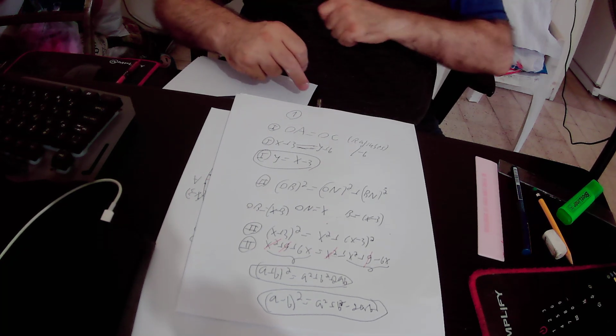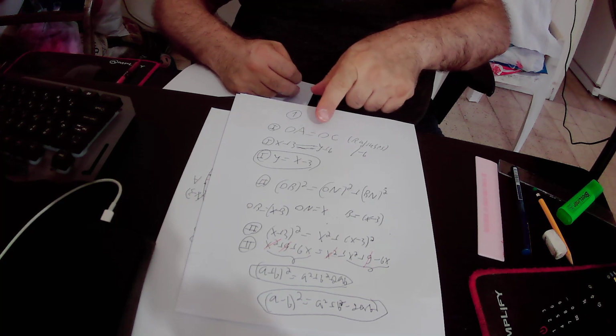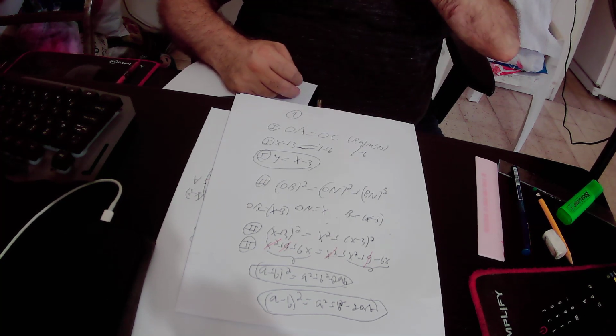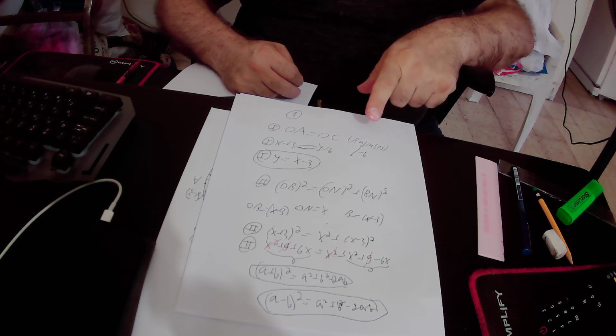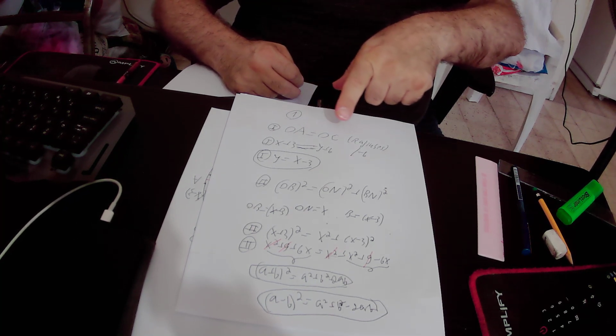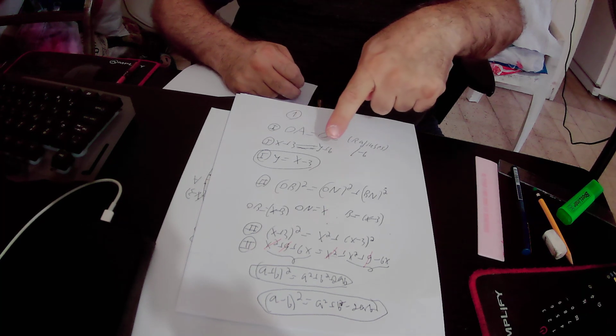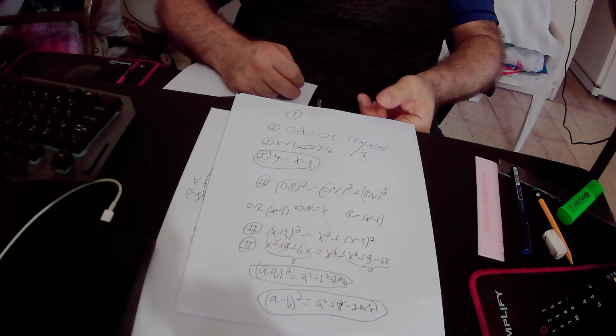In total we got that x plus 3 equals y plus 6. We subtract 6 from this first equation, and we got that y equals x minus 3.